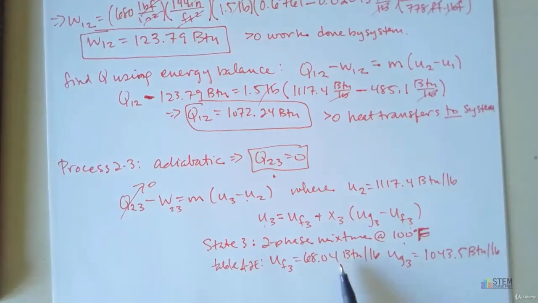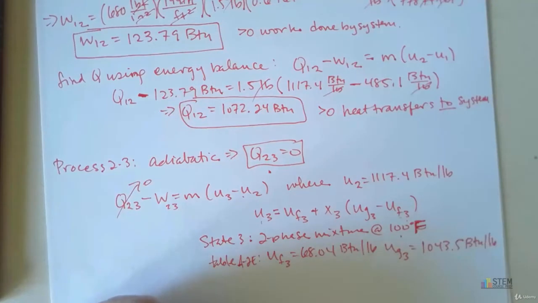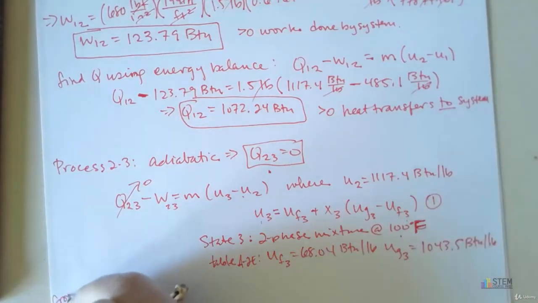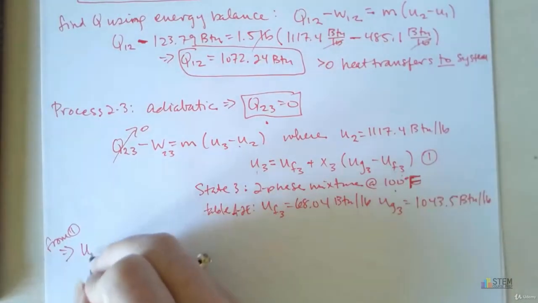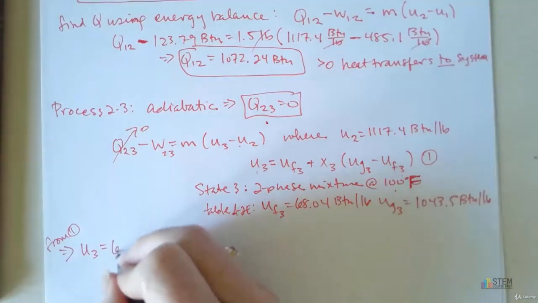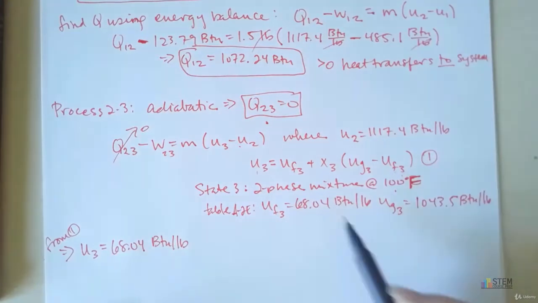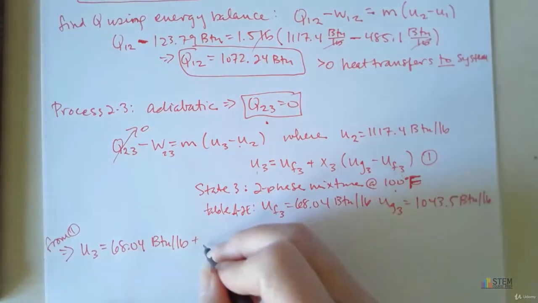Now that we have this, we can plug these in to this equation and we can solve for U3. Let's call this equation 1. So U3 will be 68.04 BTU per pound plus the quality. We don't want to put it in percent form, change that over to decimal form.